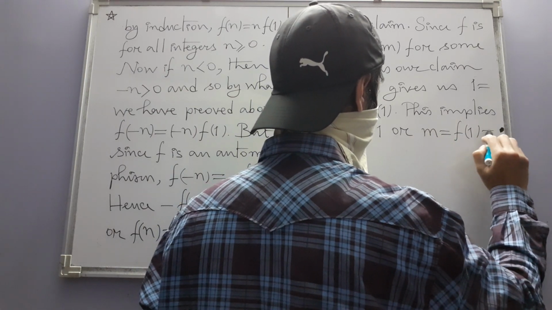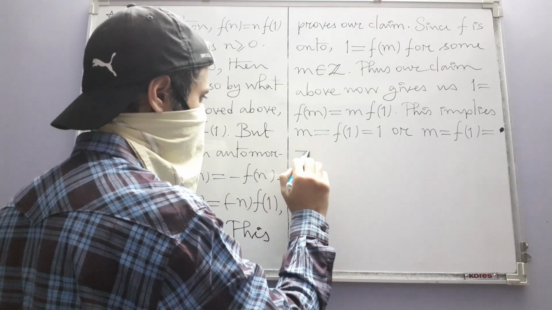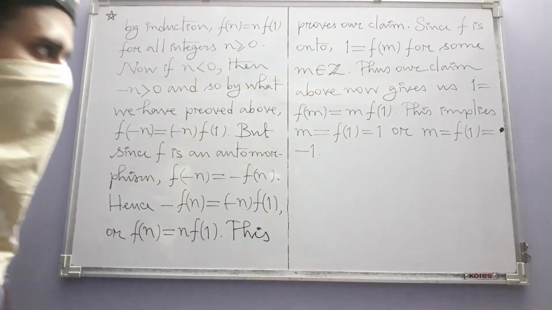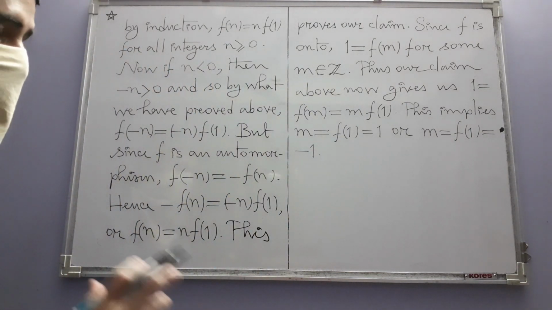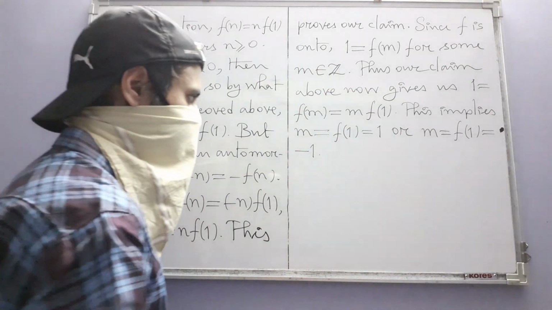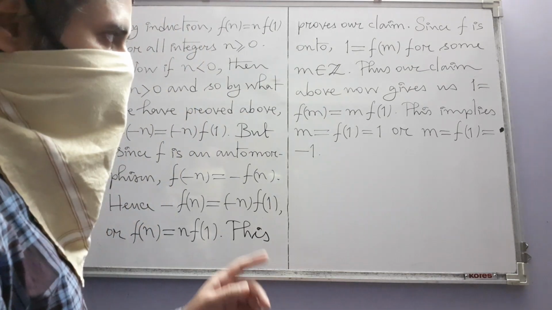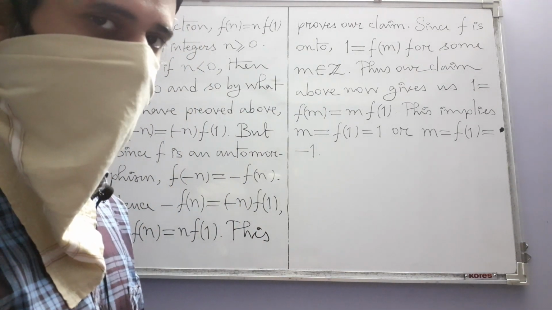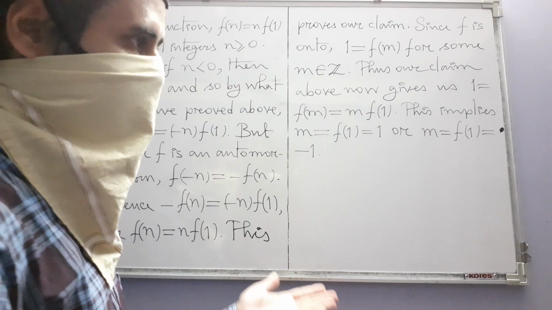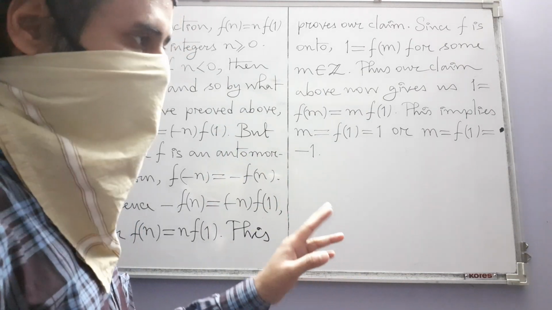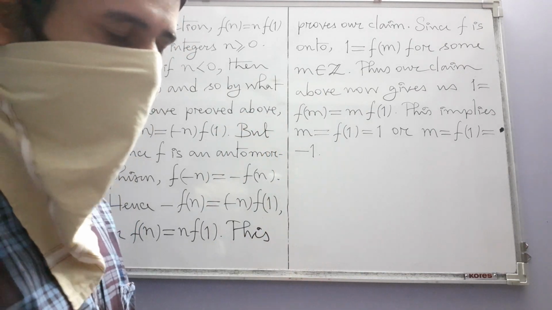These are the only two possibilities. So we have two possibilities, and corresponding to each possibility we will have one automorphism, and we will now see that because of this there are only two automorphisms.